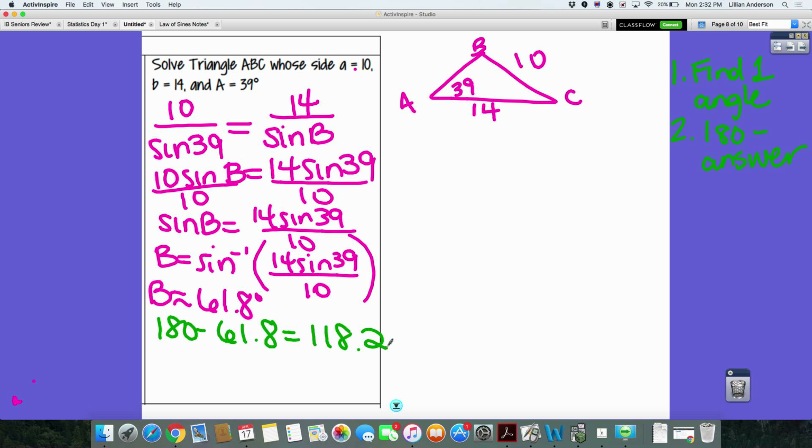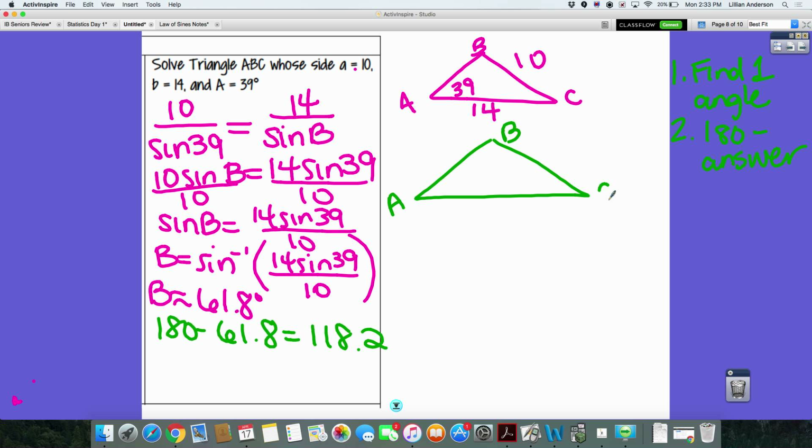Okay. Now at this point, if there are two triangles, that is the angle for the second triangle's angle B. Okay? I will say that again. That makes sense. If there are two triangles here, then that means that angle B in the second triangle is going to be 118.2. So I'm just doing this just for visual purposes.